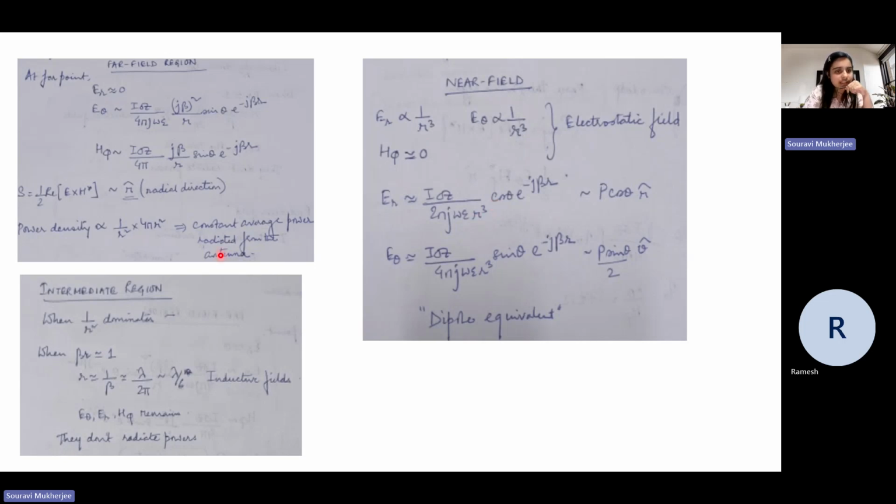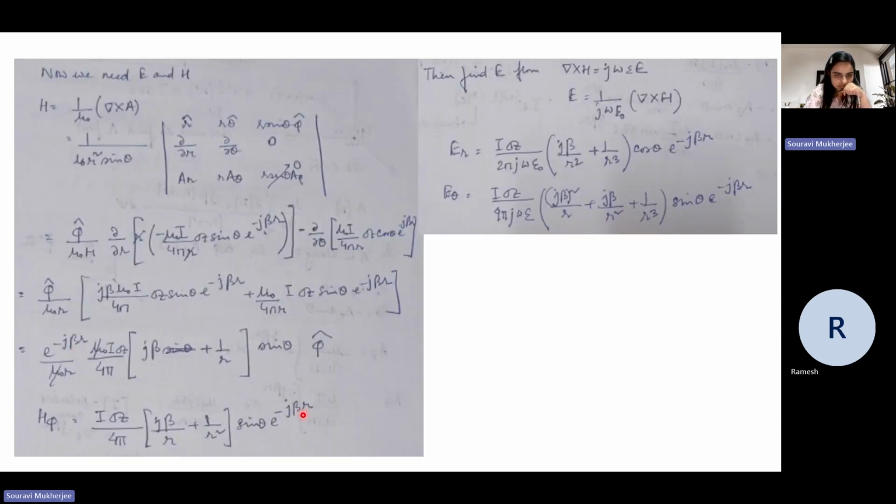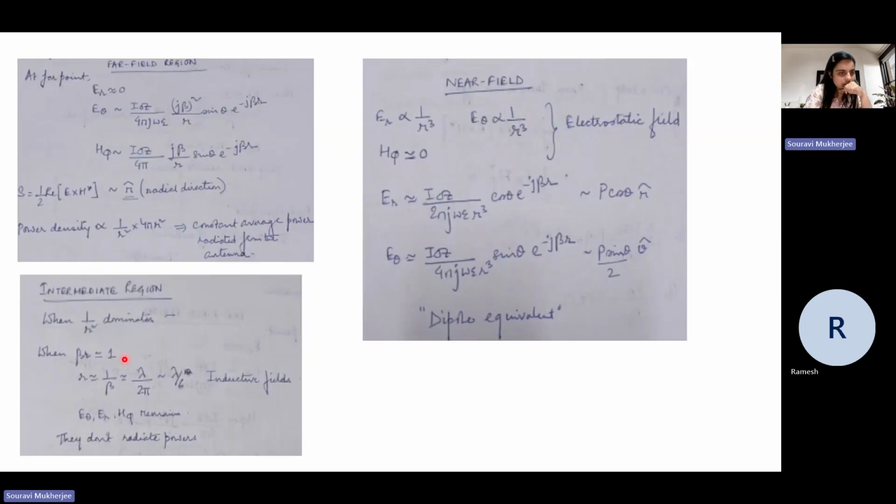Now there can also be an intermediate regime, where 1 by r squared dominates. Here you would have all these beta r terms, and under this condition beta r tends to 1. This tells us that the distance between the field point and your source is comparable to 1 by beta, and beta is related to the wavelength of your signal: beta is equal to 2 pi by lambda.